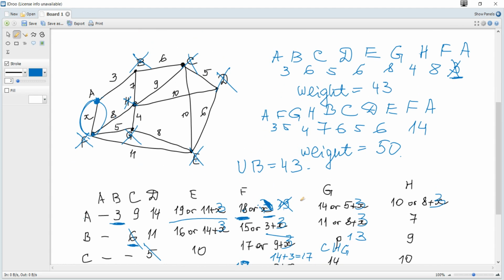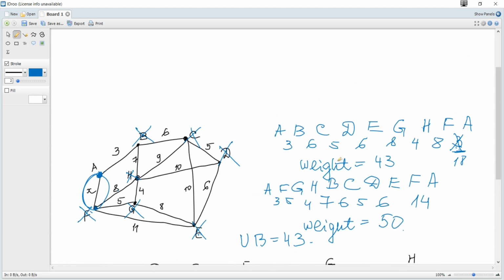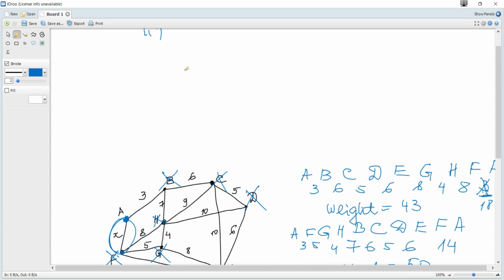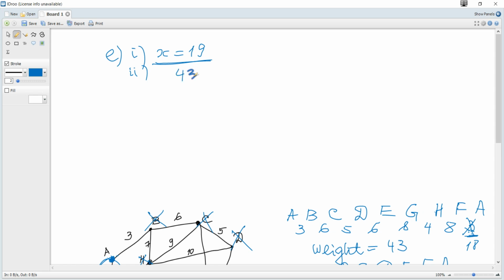There are two variants, 18 and 19, and definitely we choose 18. So this upper bound becomes 43 minus this 3, plus 18, and it becomes 58.